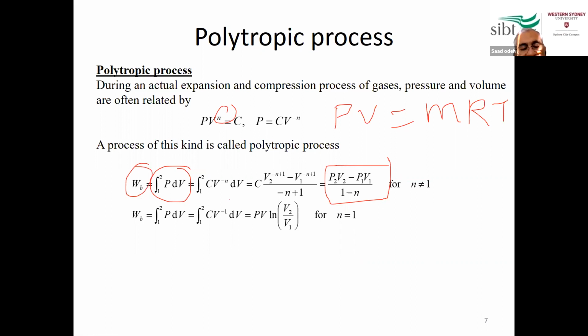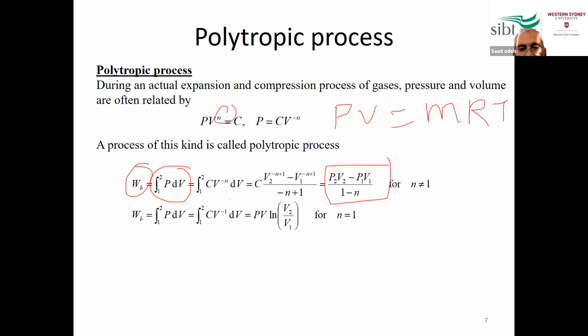Again, all these equations will be provided in a formula sheet. Let's say, for example, in the final exam, you will have a formula sheet, or if you have an open book exam, you can always refer to the lecture materials and find the equation.